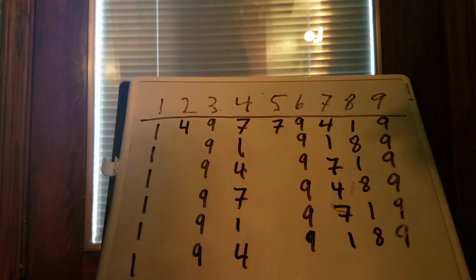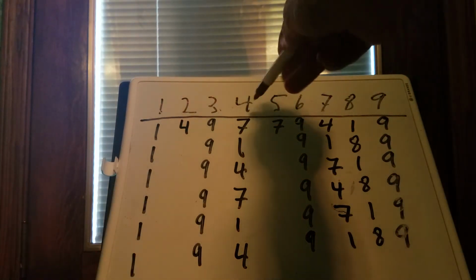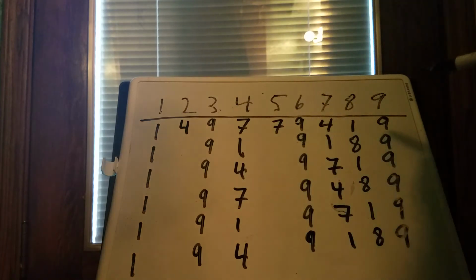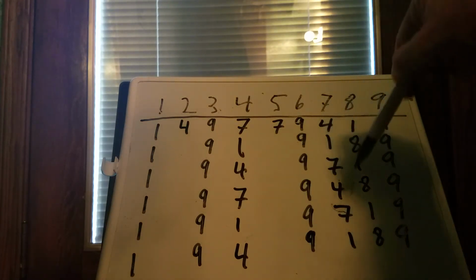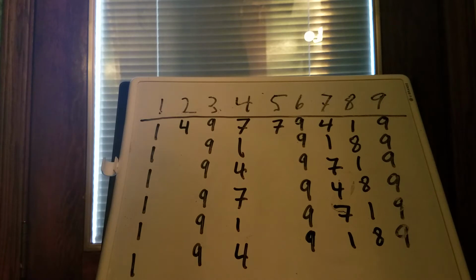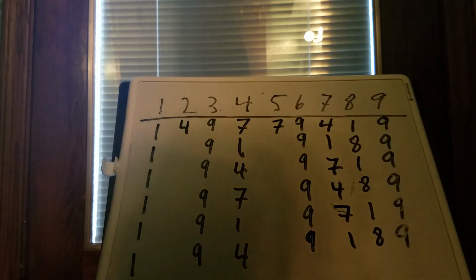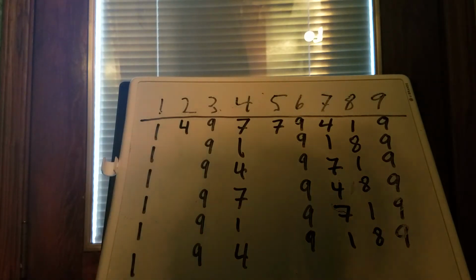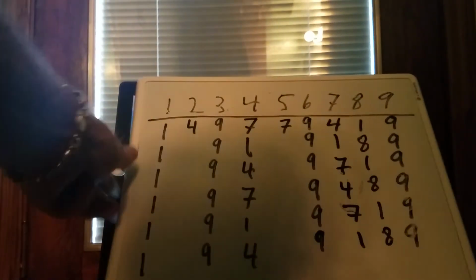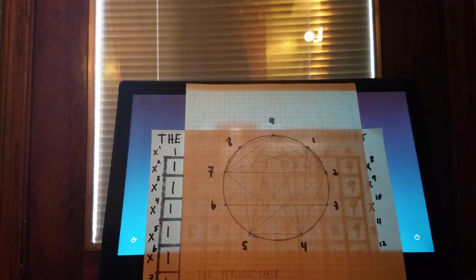Okay, so I wrote those out. So underneath the 4, it's 714, 714. Underneath the 7, it's 417, 417. Let me fix that quickly.